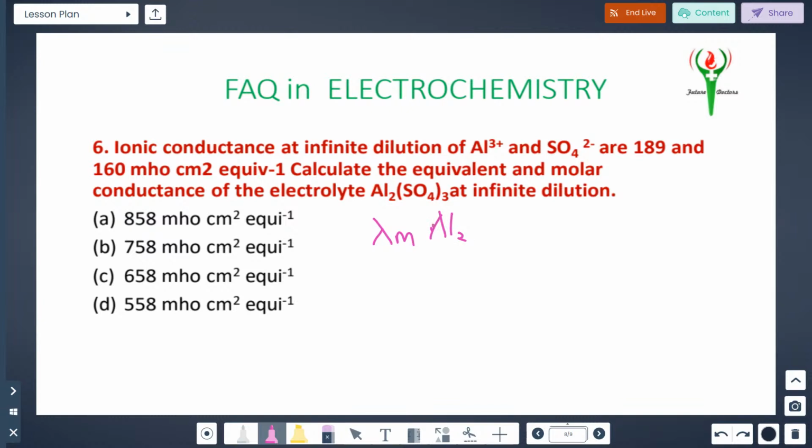Al2(SO4)3. The way of writing is very, very important. So aluminum sulphate, how to write?